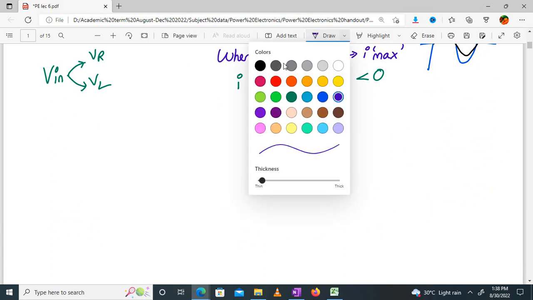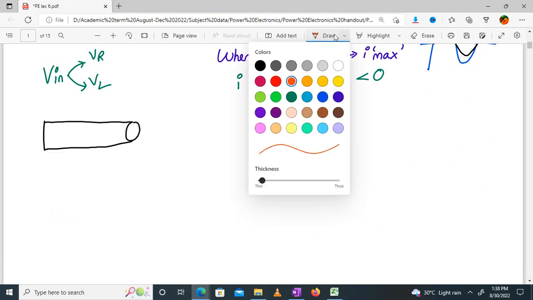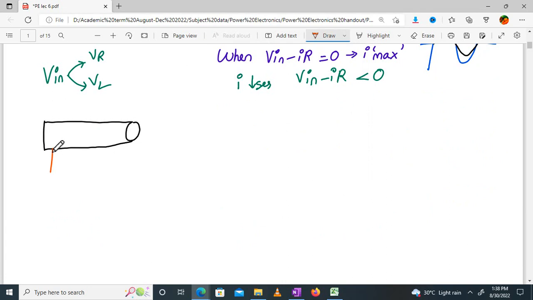A little background about inductor is also required. Let's say that you have this conductor and you have a coil wound around this conductor. You have the application of a voltage.